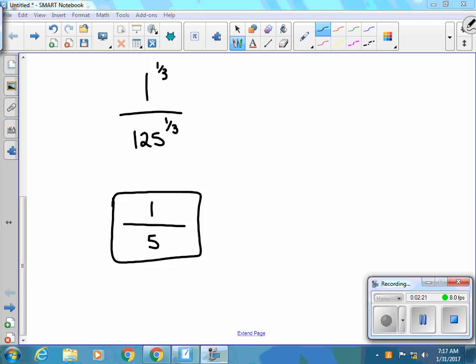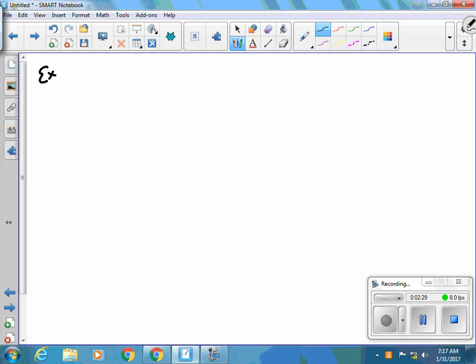All right, so it doesn't always work out that easily that we are dealing with a 1 over. So let's say, though, that I have 32 over 243, and that's to the power of negative 2/5. Okay, so I'm going to break this down.